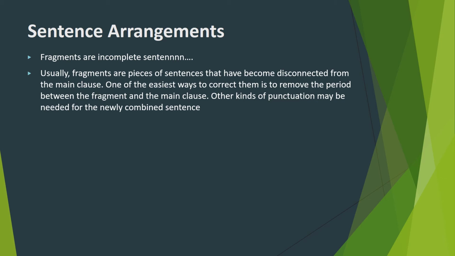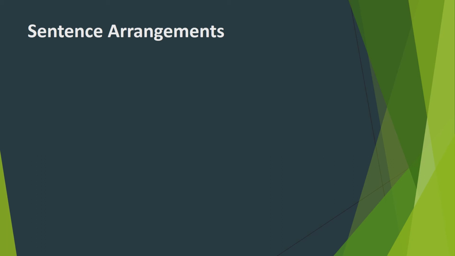One of the easiest ways to correct them is to remove the period between the fragment and the main clause. Other kinds of punctuation may be needed for the newly combined sentence. Once again, here is a link that will give you some of those fragmented sentence examples and how to correct them. What I did is I visited the website and I have provided 2 examples for this lesson.